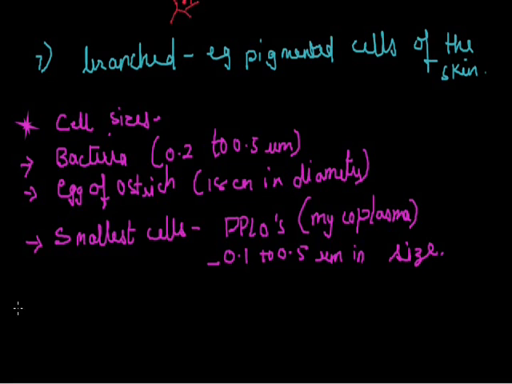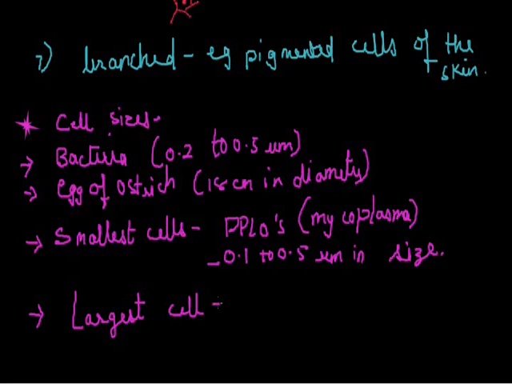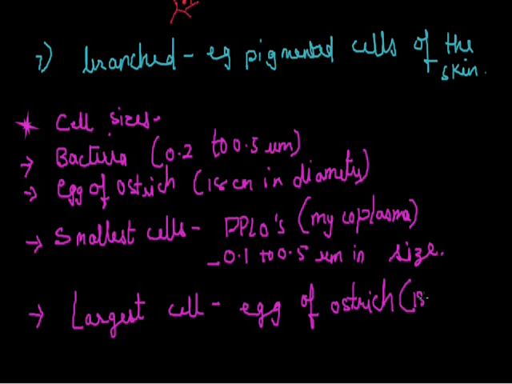The largest cell is the cell of the egg of ostrich, which is about 18 centimeter in diameter.